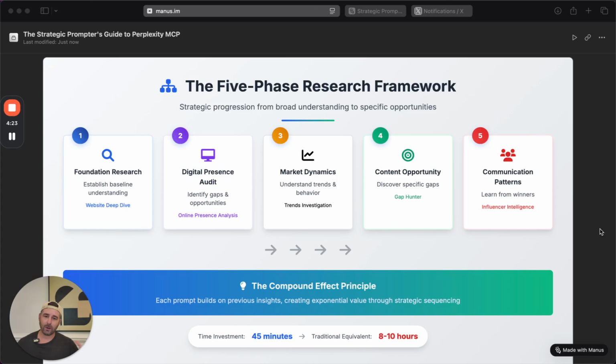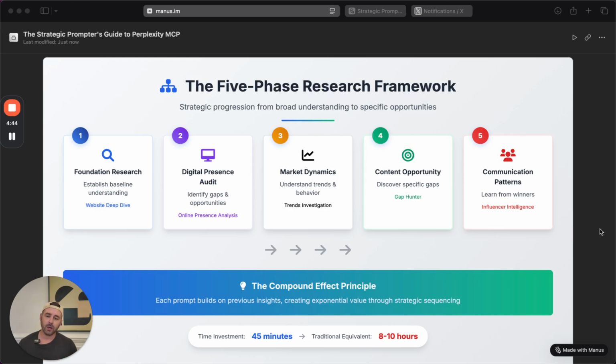That's the foundational level. Stage 2 is a digital presence audit. We want to identify gaps and opportunities in the market versus the competition. What are competitors missing that we can address and take advantage of so that we can attract the right folks into our business?